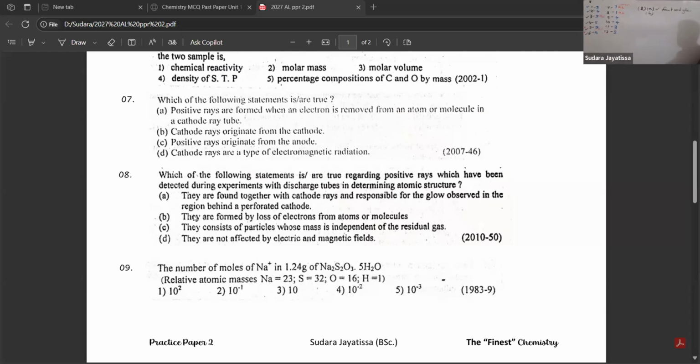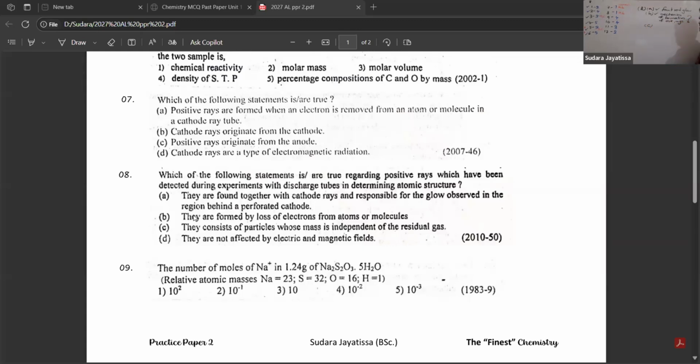So you can write a short summary regarding the mechanism of formation of positive rays or anode rays. We can write that down here.